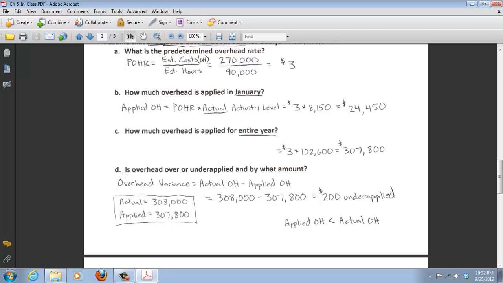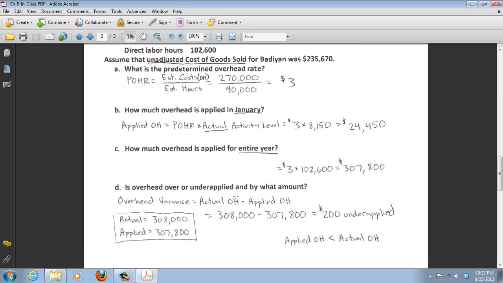We are next asked if the overhead is overapplied or underapplied, and by what amount. From the equations in the chapter, this is actually asking about our overhead variance, which is the actual overhead minus the applied overhead. So if we look back up to C, we know that we just calculated the applied overhead for the year.